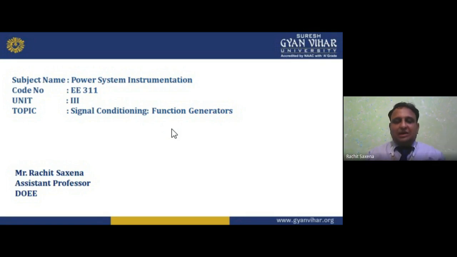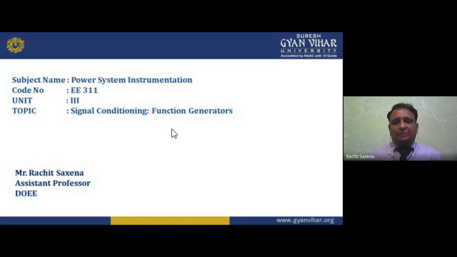The sensing elements are the sensors, and transduction has many types: inductive, capacitive, photovoltaic, piezoelectric, photoconductive, and many more. In this we studied LVDT, RVDT, RTD, thermocouple, and strain gauge.